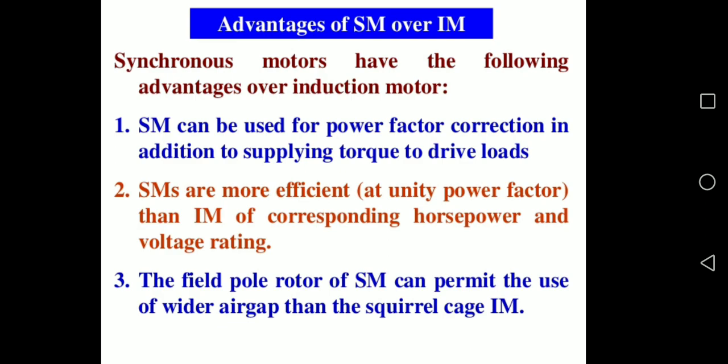The field pole rotor of a synchronous machine can permit the use of a wider air gap than the squirrel cage induction machine. In a salient pole synchronous machine the air gap is more than in a squirrel cage induction machine.